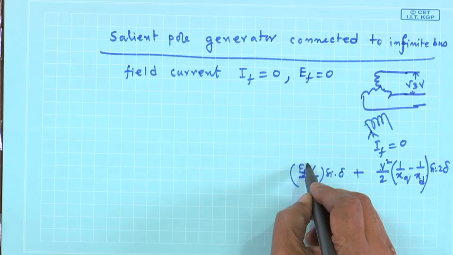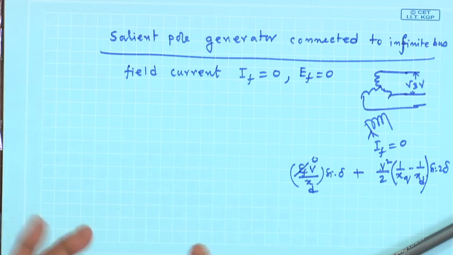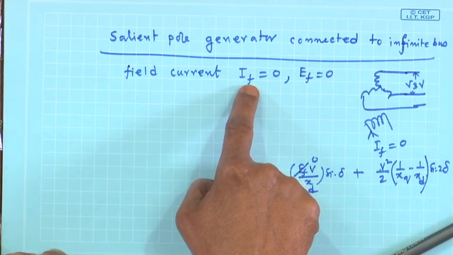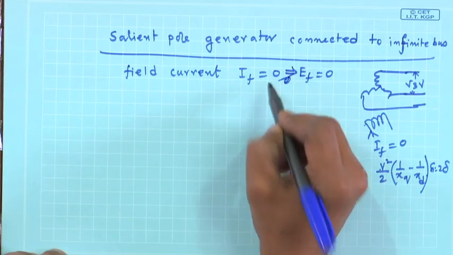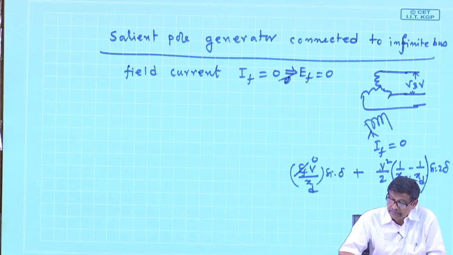However, this term will be there, therefore a salient pole synchronous machine is capable of delivering or absorbing power depending upon whether it is operating in generator or motor mode. So a generator connected to an infinite bus with field current 0, which implies EF is 0, can still deliver some power to the bus, that is the important thing.